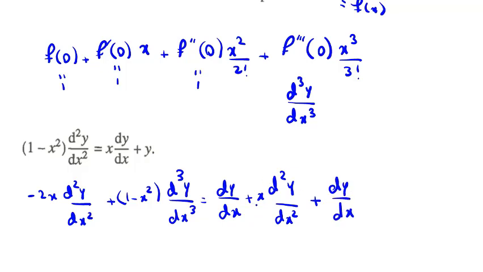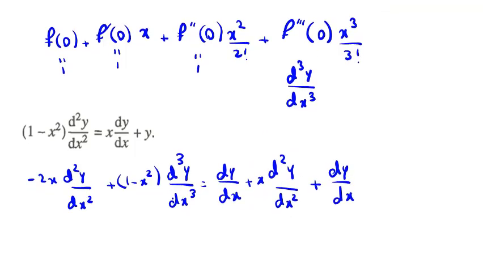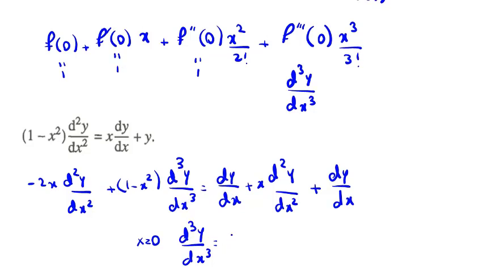If we replace, we want to find for x = 0. Here it will be 0, here it will be 1 for x = 0, and it will be d3y/dx3. dy/dx is 1, at x = 0 it is 0, and dy/dx is again 1, so it equals 2.